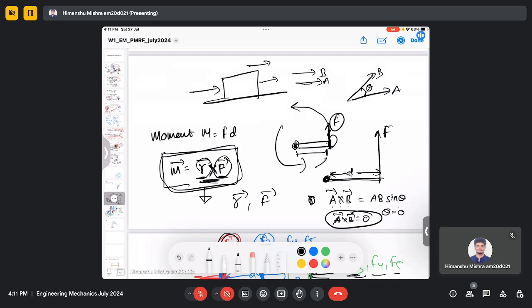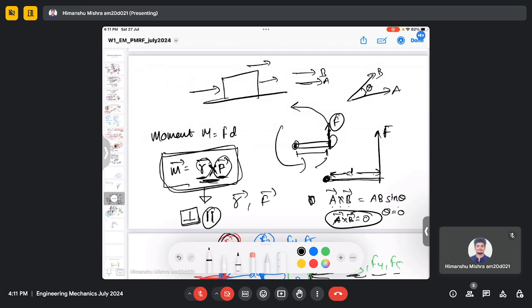It takes all the components, perpendicular as well as parallel, but the definition of the cross product says that the parallel component should be zero. So you are left with only the perpendicular component.